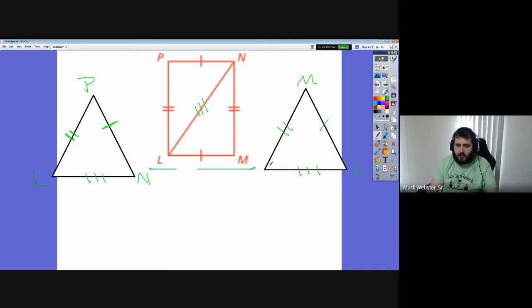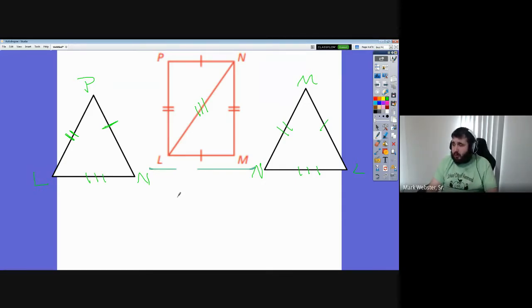L. What's in between the 2 and the 3? N. So now what I've done is I've taken everything and I've transferred all the information properly. I know that everything is right. And I look here, do I have side, side, side? 1, 1, 2, 2, 3, 3, all in the same spots. That's good enough for me.